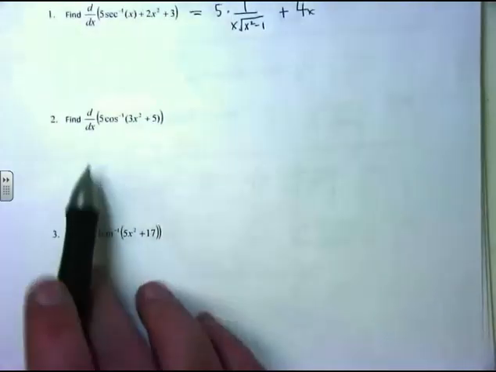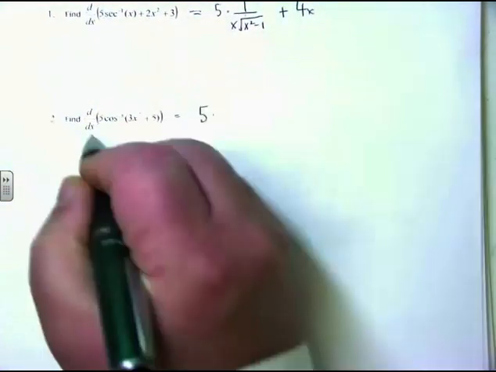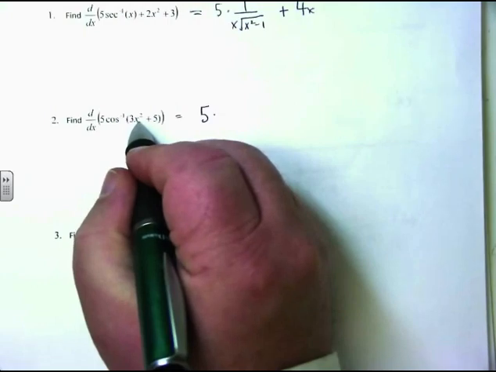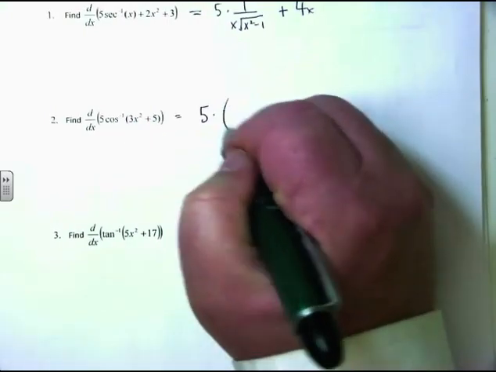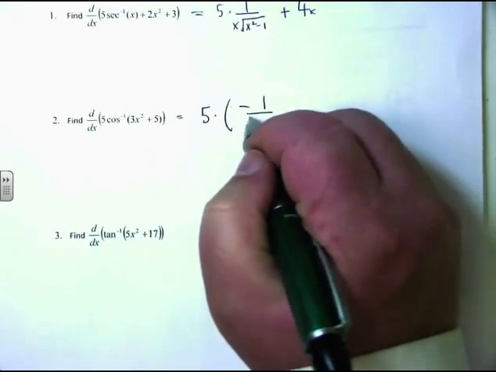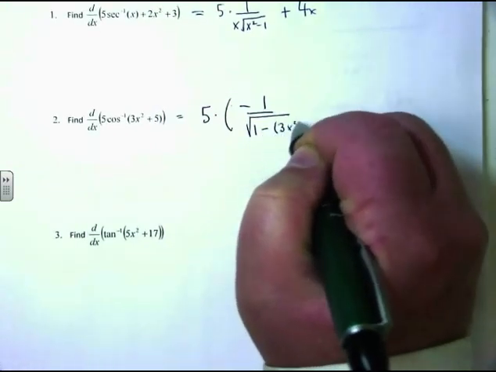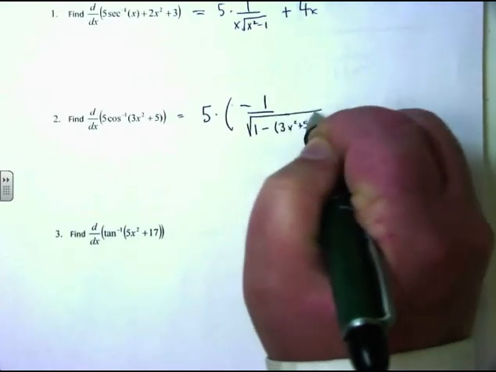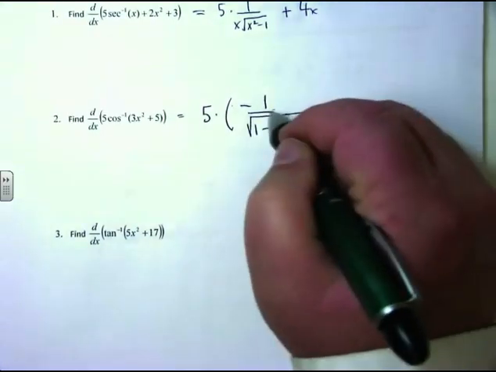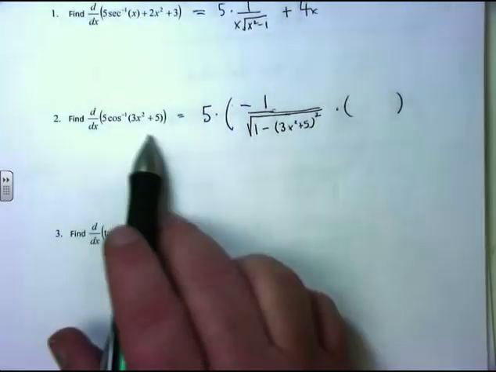Now, 5 is being multiplied as a constant. Constants hold over, so leave that 5 right there. What's the derivative of the cosine inverse of a function? Well, it's going to be times negative 1 because it's a cofunction. A negative 1 divided by the square root of 1 minus the function, which is 3x squared plus 5, the function squared, times the derivative of the inside. The inside is 3x squared plus 5.